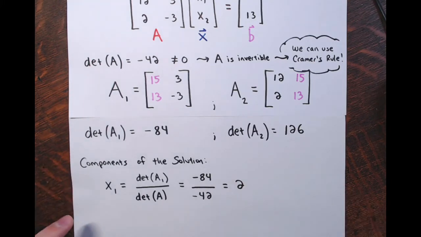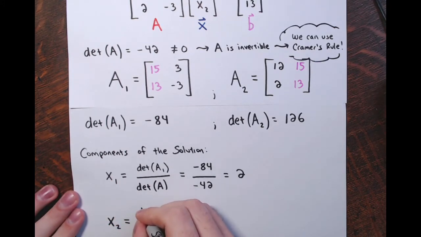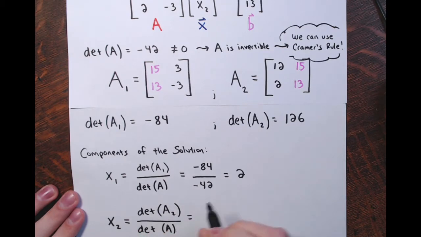So the x1 component of the solution to this system is 2. And the same thing for x2. The x2 component of the solution will be the determinant of A2 divided by the determinant of A. Now the determinant of A2 we saw was 126 divided by the determinant of A again is negative 42. And 126 divided by negative 42 is negative 3.